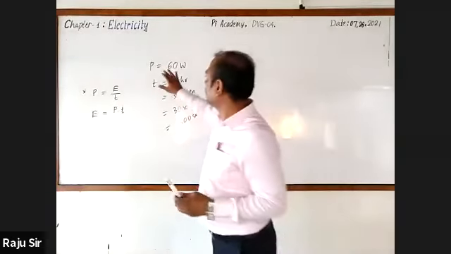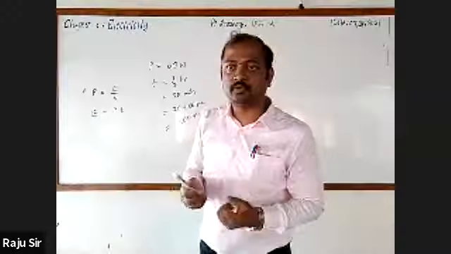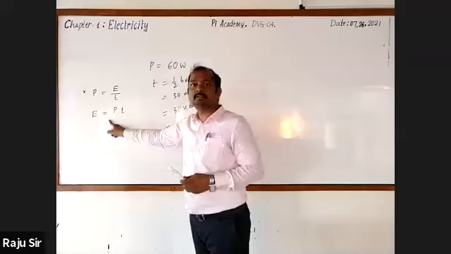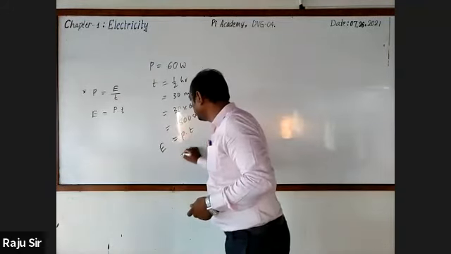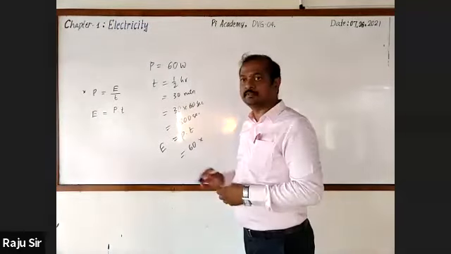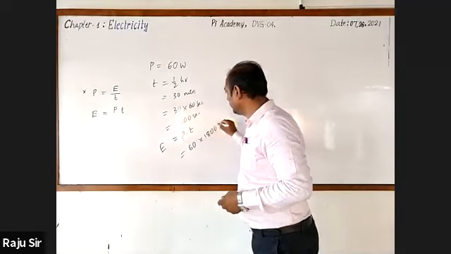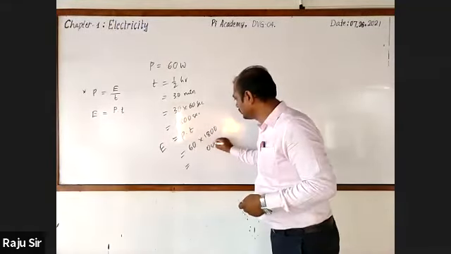This much time you are using the 60 watt bulb. Then what amount of electrical energy has it consumed? To know that, we can use this formula. That is, E is equal to P into T, where its power is 60 watt and time is 1800 seconds.